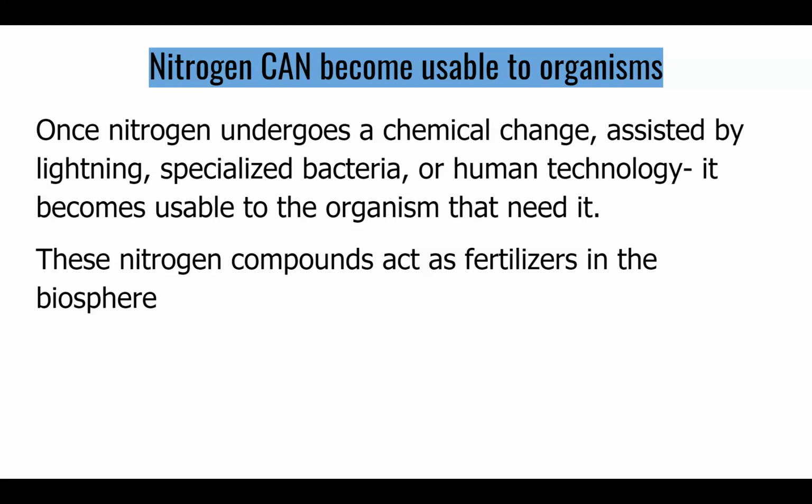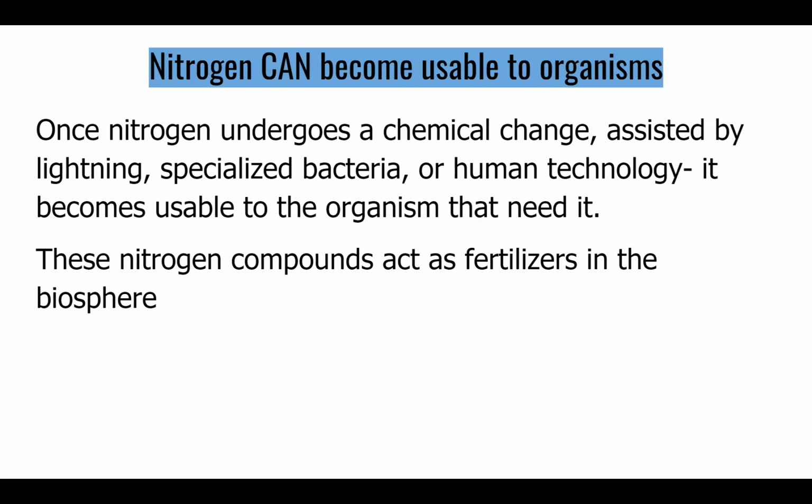These compounds act as fertilizers, right? We need nitrogen to grow. Therefore, plants that we need to grow so we can feed people also need nitrogen. So, lightning, bacteria, human technology can take nitrogen gas out of the atmosphere.